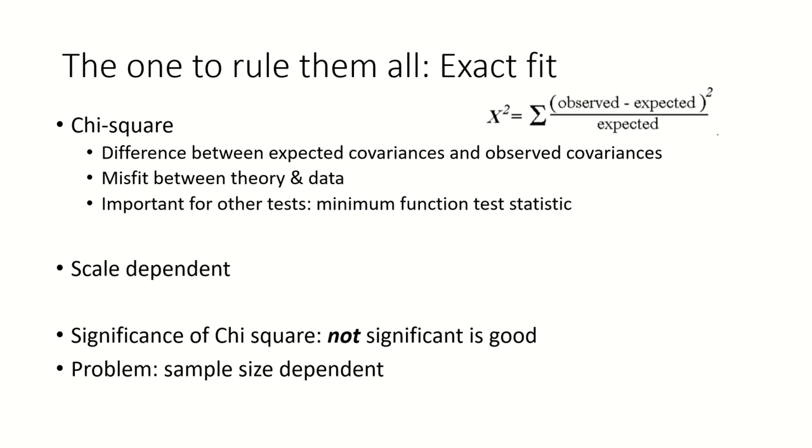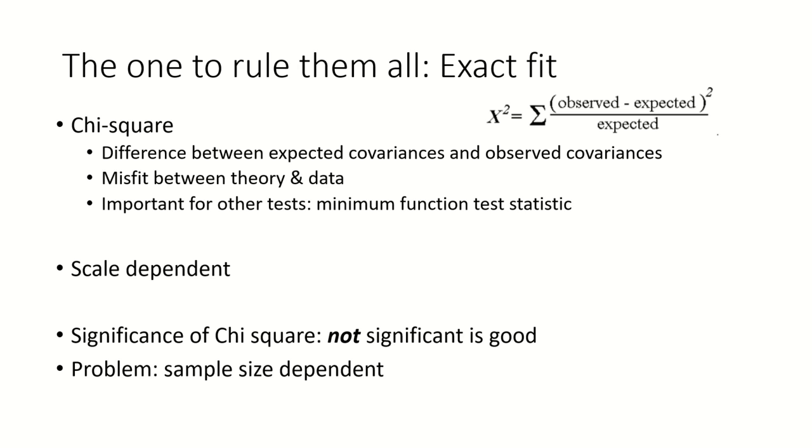But we can actually test against a null model, basically where we allow everything to correlate with everything, so covariances between all sets of variables, and so we can test how much the observed chi-square deviates from basically a model where it fits perfectly. And the issue here is, if our chi-square is significant, that is not good news, because it means we have some significant misfit in our data.